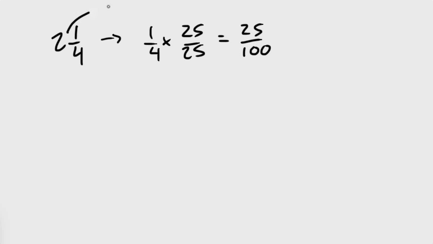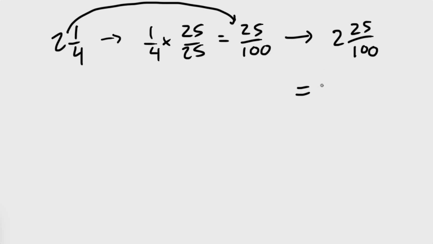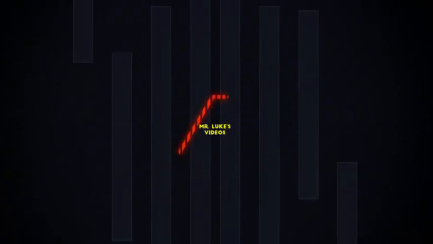And we have to put the 2 back. So I'm going to do that here. 2 and 25 hundredths. And the way that you read it is the way that you write it, 2 and 25 hundredths. So there's a connection there. And if you can connect those two things, that is huge. So good luck.